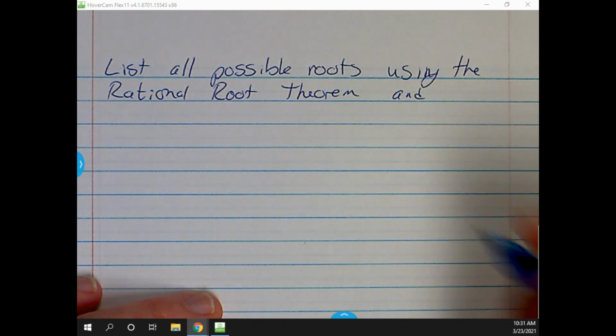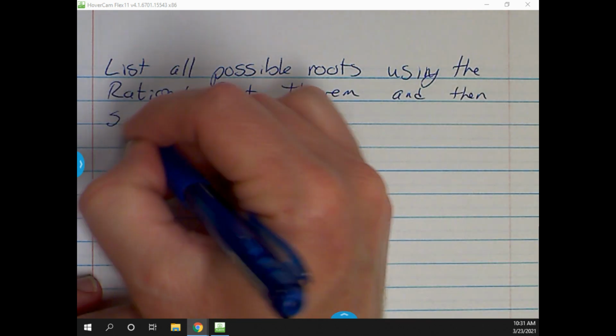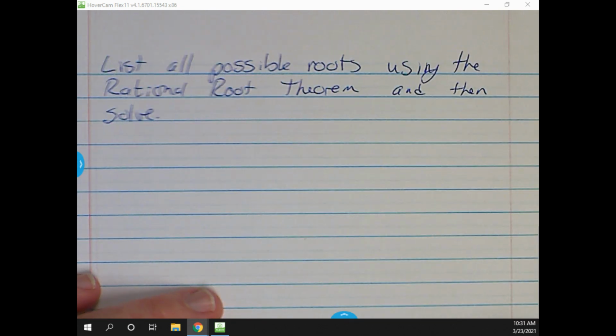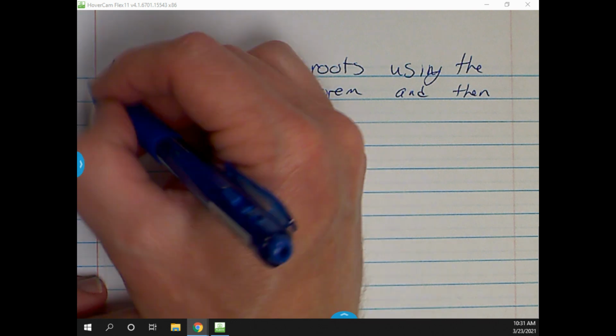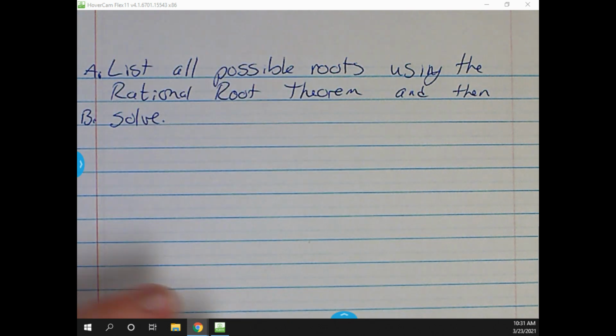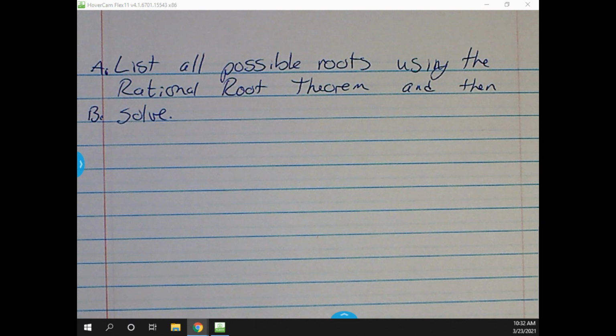So it's part A, and then solve. Part A, we list all the possible roots, and then part B, we solve this thing. But you have to use A to get you to part B.